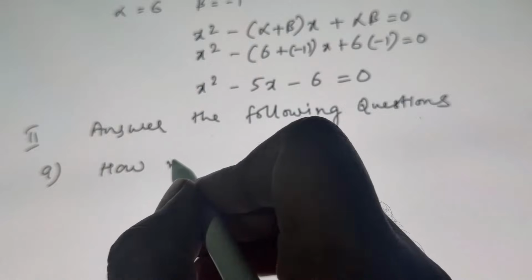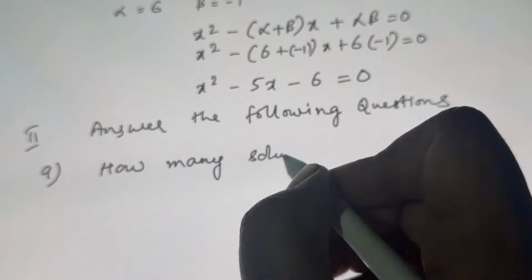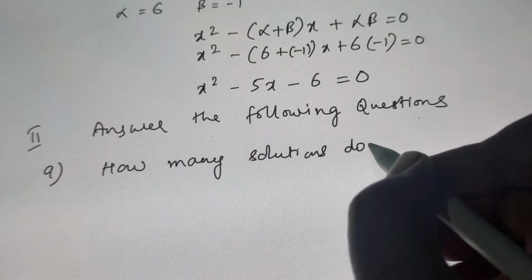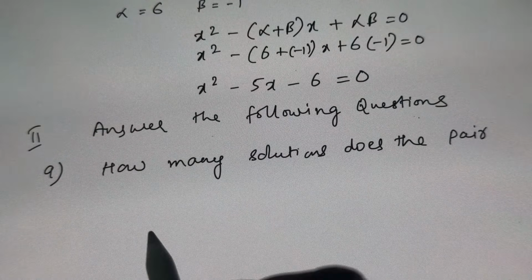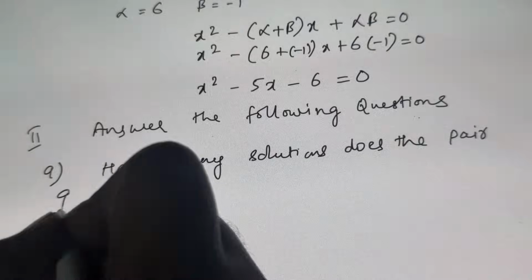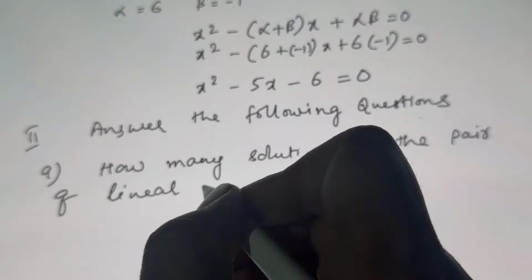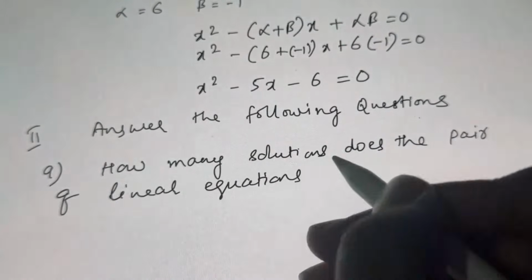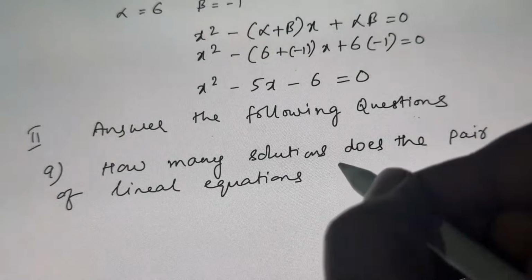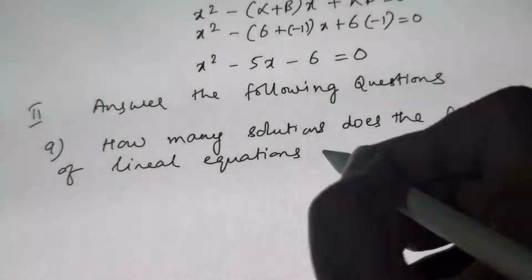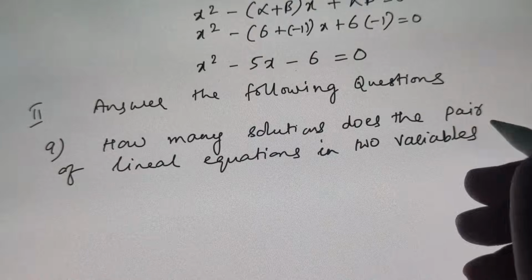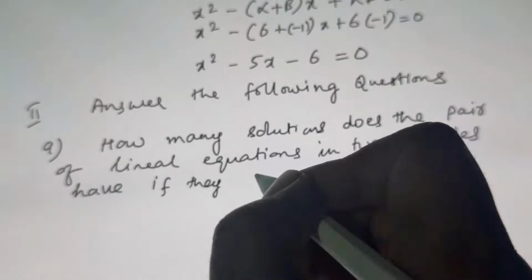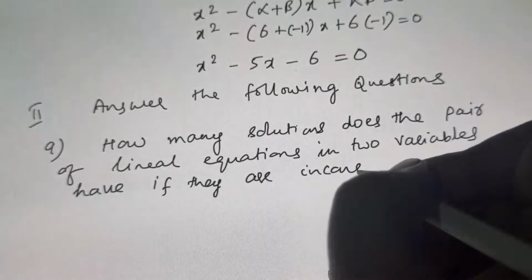How many solutions does the pair of linear equations in two variables have if they are inconsistent?